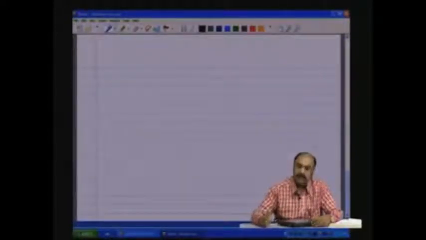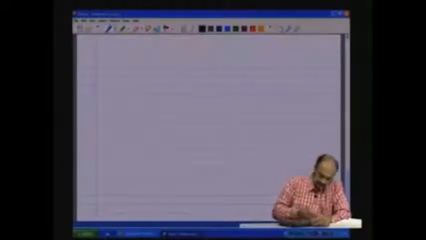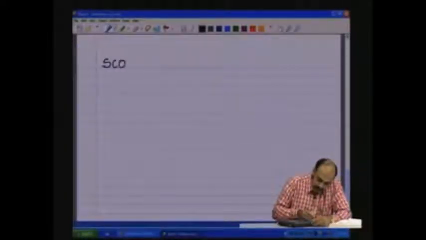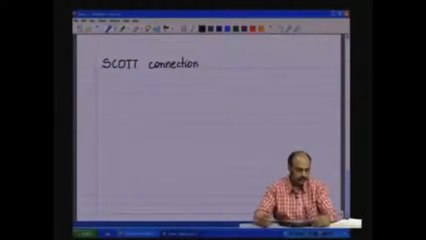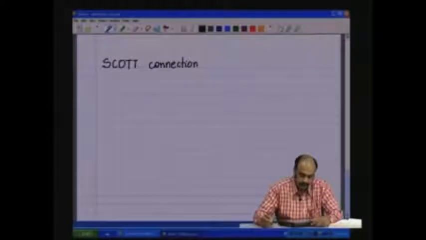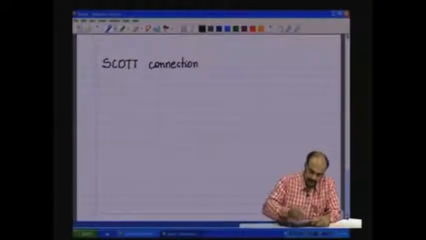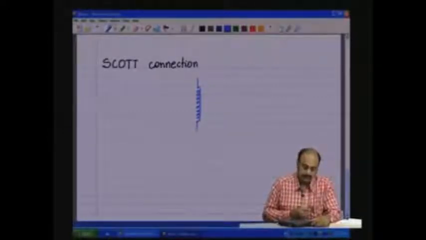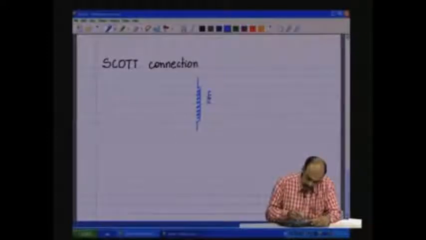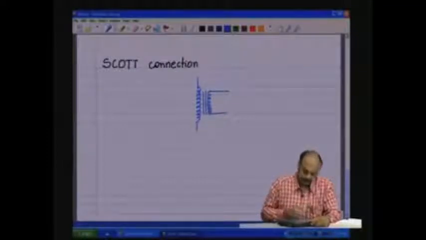Now, let us look at the second method, which is the Scott connection. This also is similar. We have two transformers. Let us say there is one transformer which is connected like that with its secondary like this.